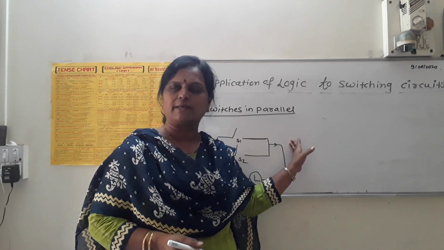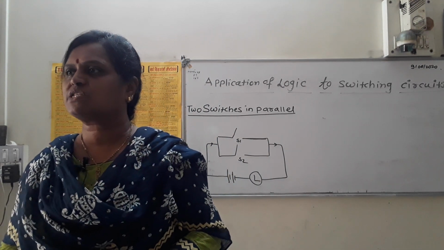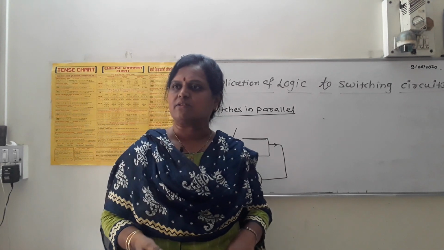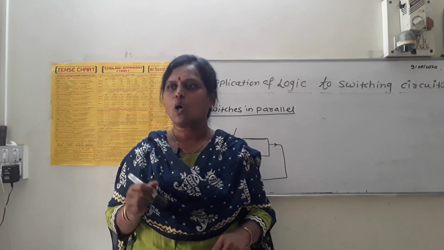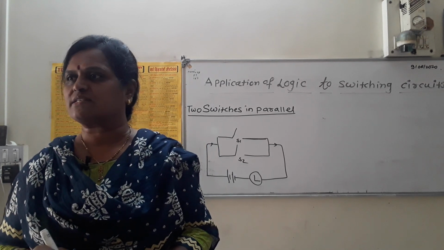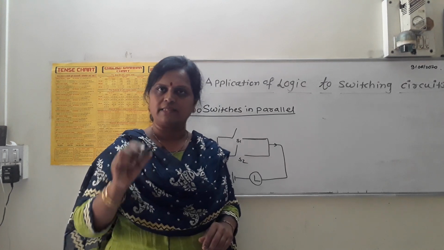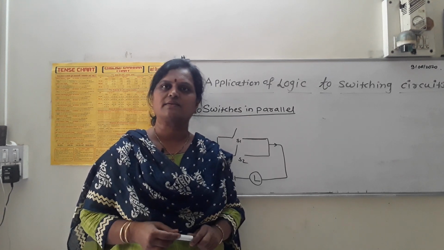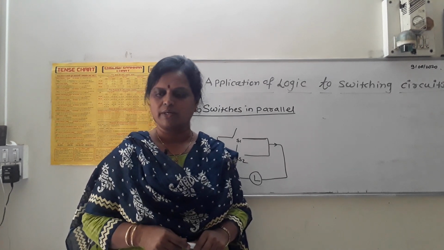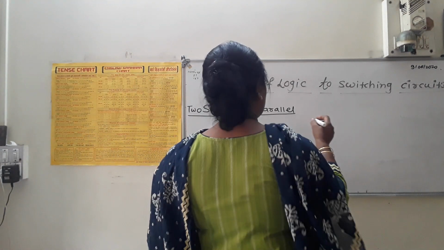We don't know the actual state of switches in the circuit. We consider all possible combinations of states of all switches in the circuit and prepare a table, and this table is called the input and output table. So we have to prepare a table for this.